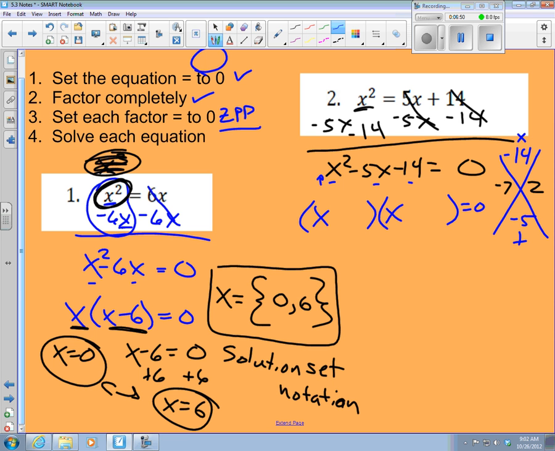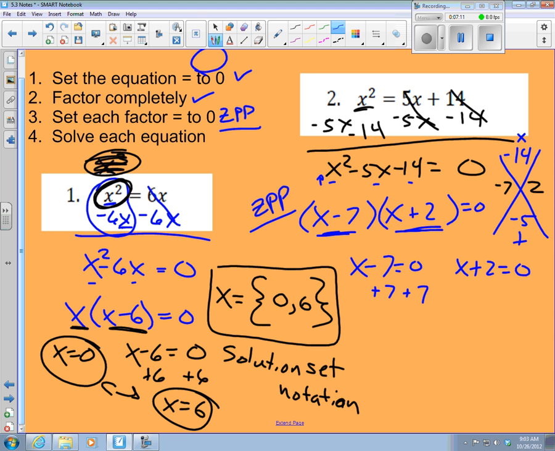So I get x minus 7 times x plus 2 equals 0. Here are my two factors. It's all factored. Now I can kick in the ZPP and say x minus 7 equals 0, or x plus 2 equals 0. Setting my two factors equal to 0.